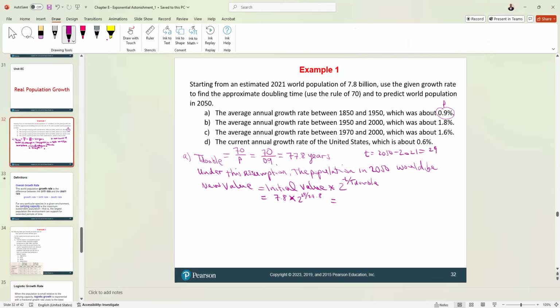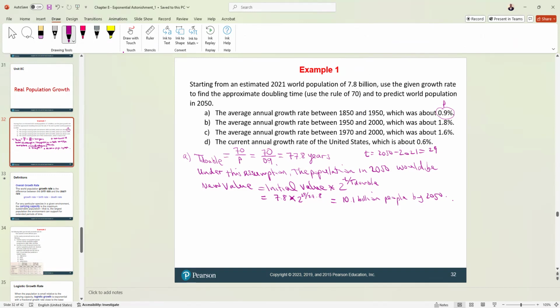Of course, this population by 2050 would be 10.1 billion people by 2050, right? Okay, so that's an example. And you can do any of these exercises.